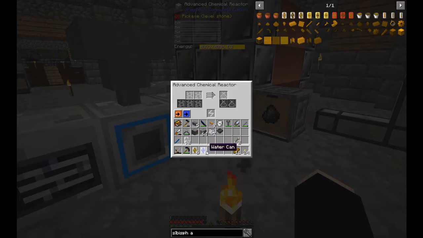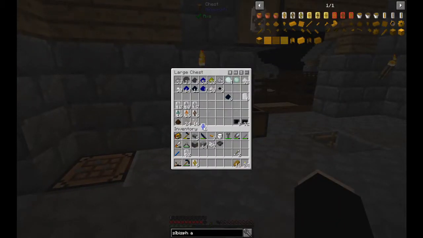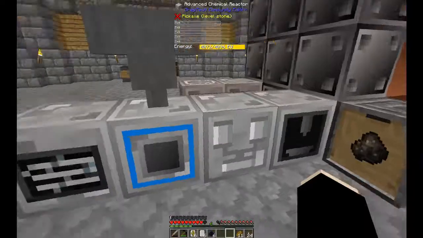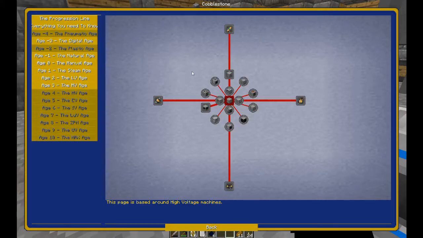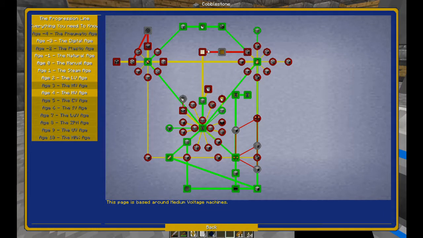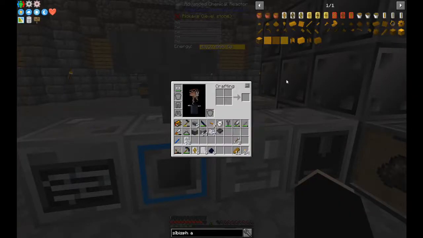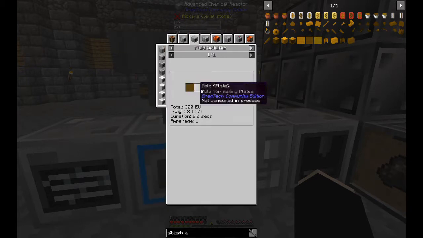Alright, water. We don't need water for now. We do need this. My only concern is, I'm guessing the quest wants a bucket of this stuff, right? No, it wants resin sheets, okay. So let's be smart and make sure that we can put this into a fluid solidifier.